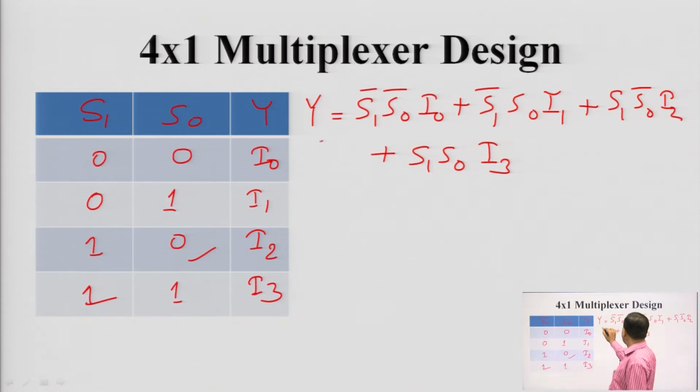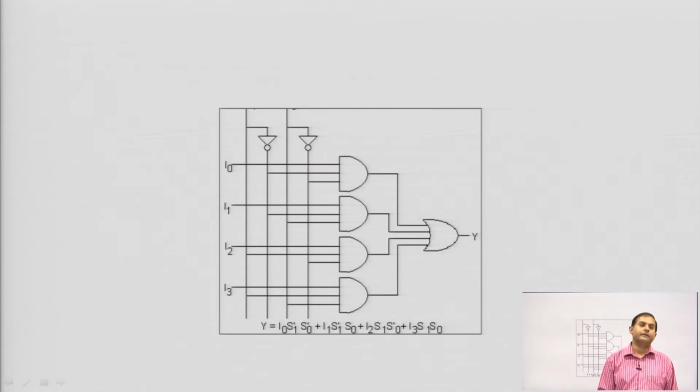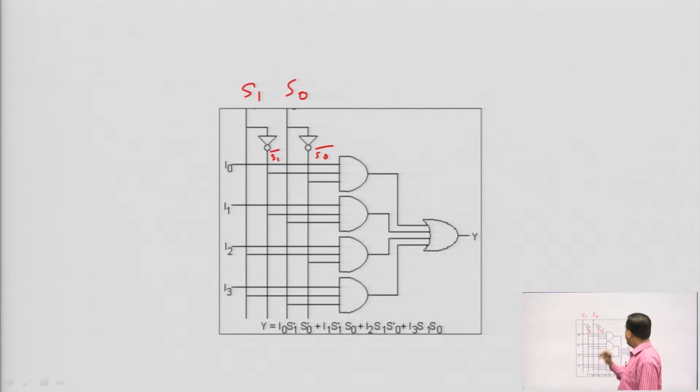So, this equation we have to implement using logic gates. This will be the diagram, you can check it. This is S1 and S0. Here we have inverters, so this is S1 bar and S0 bar. First are the AND gates, 1, 2, 3 and 4.